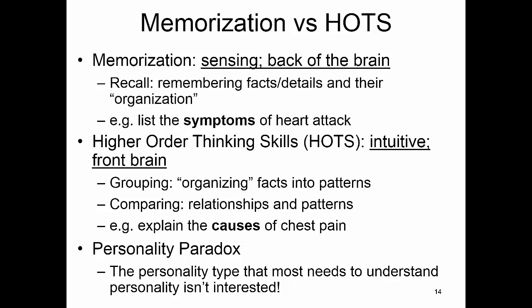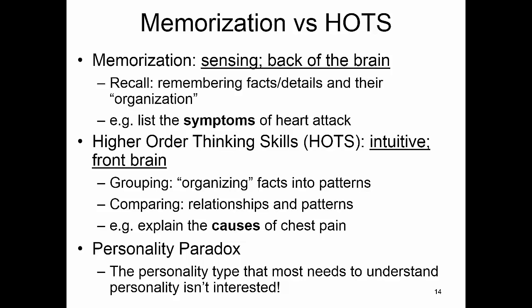Thus, the example given, asking for an explanation of the causes of chest pain, requires a considerably greater integration of memory of not only the heart, but of the entire thorax, not to mention an understanding of the relevant physiology. This higher order of learning is called by the acronym Higher Order Thinking Skills, or HOTS.